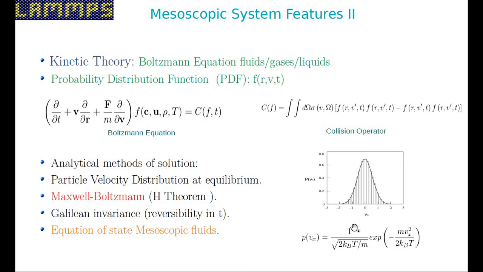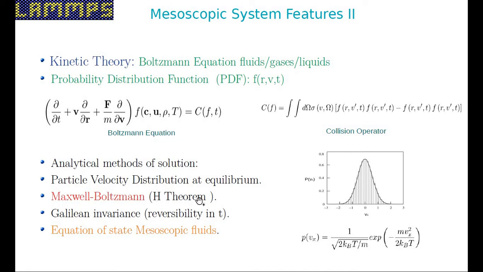So this is the Maxwell-Boltzmann distribution, the very well-known Gaussian expression, where this is the probability of having a particle with velocity v at a certain temperature T. The fact of obtaining an equilibrium distribution function from the Boltzmann equation is known due to the H theorem.